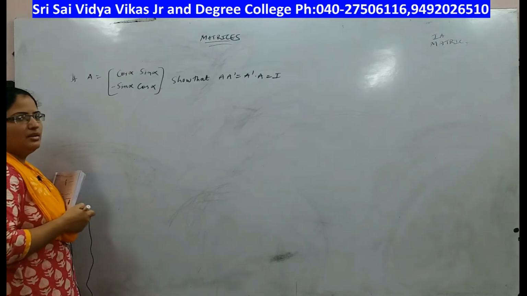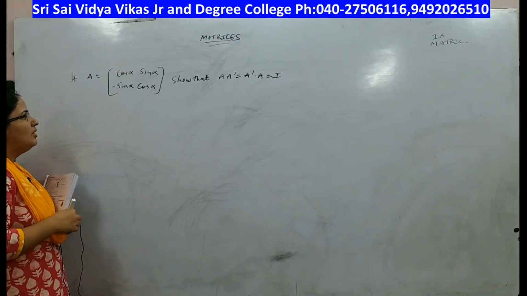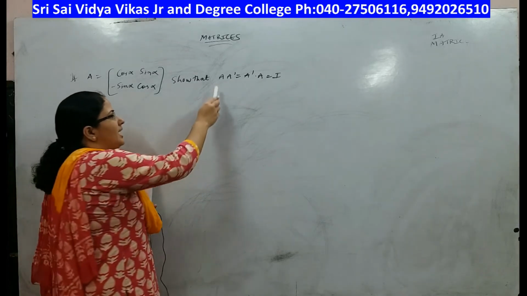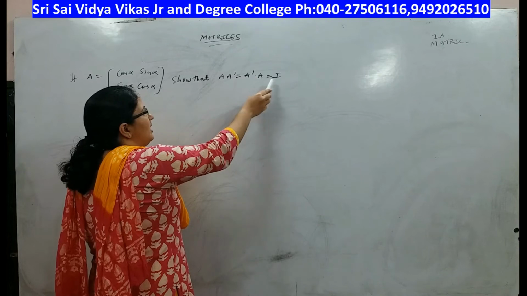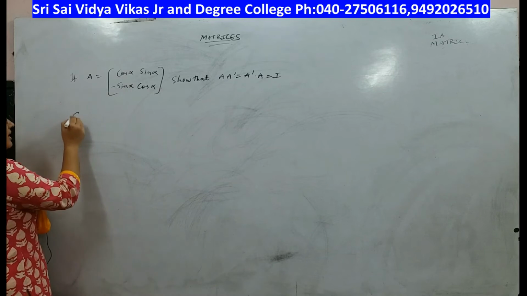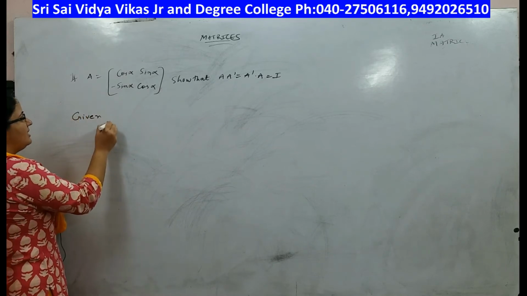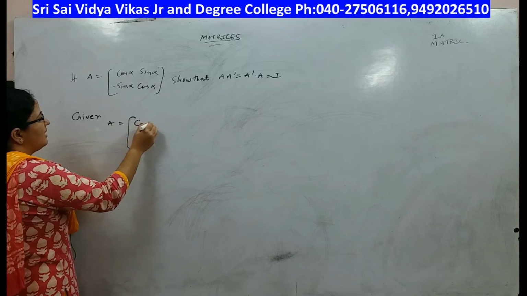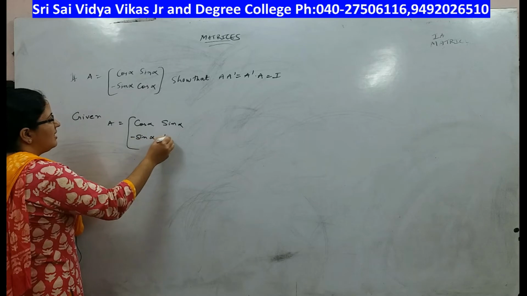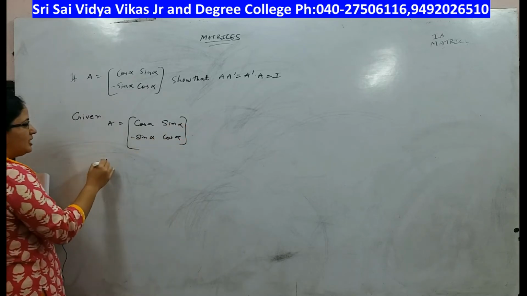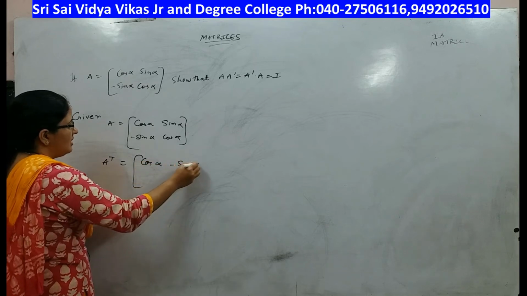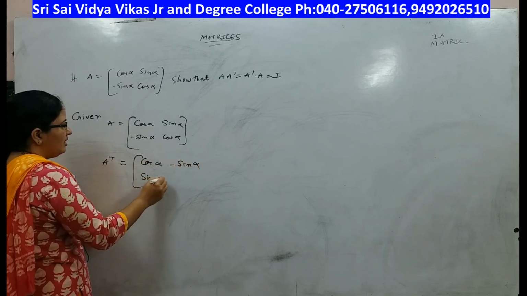You are given a matrix A is equal to [cos alpha, sin alpha; minus sin alpha, cos alpha]. You have to show that A into A transpose is equal to A transpose into A is equal to I, that is the identity matrix. Given A, A transpose is equal to [cos alpha, minus sin alpha; sin alpha, cos alpha].